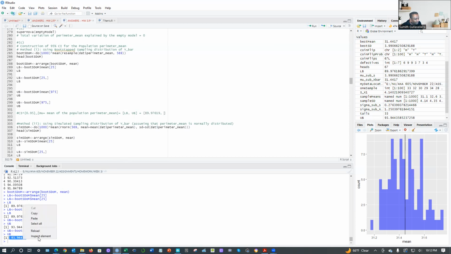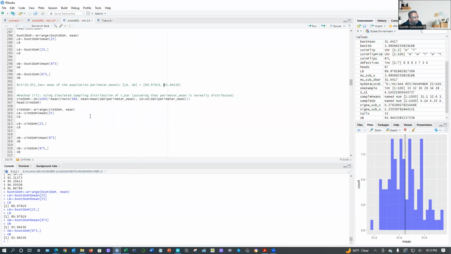Any value in between can be taken as a point estimate for that. That's the confidence of 0.95.